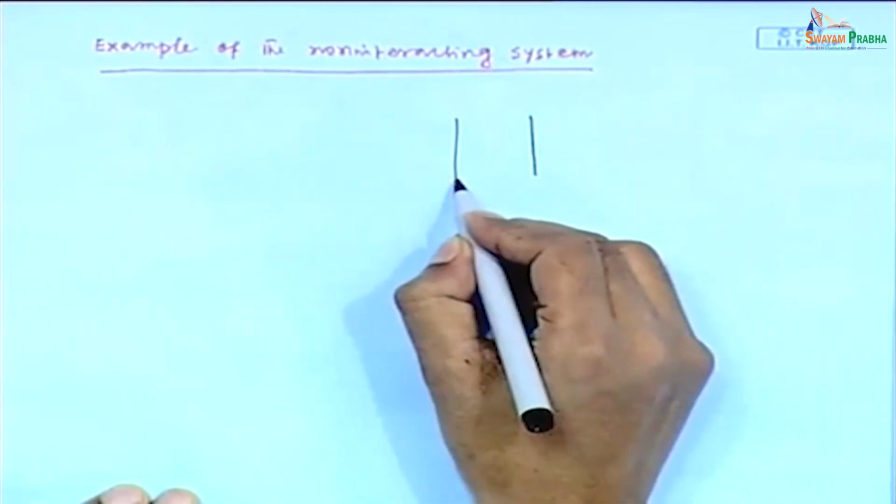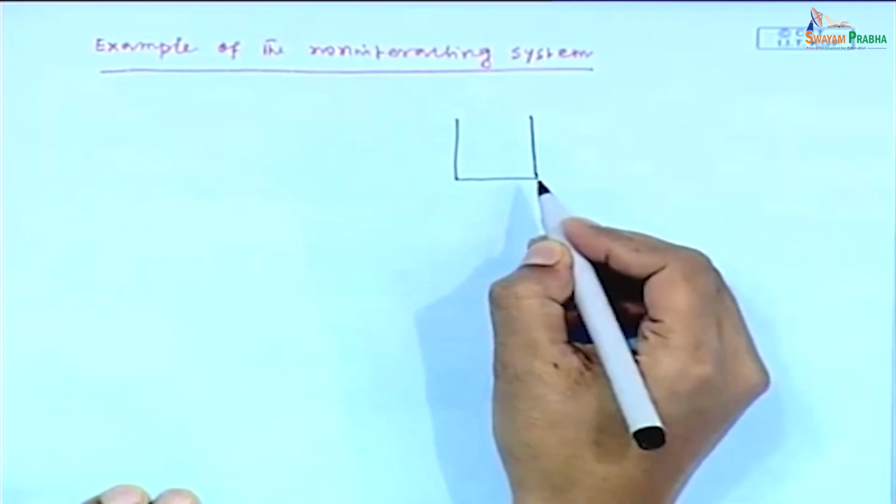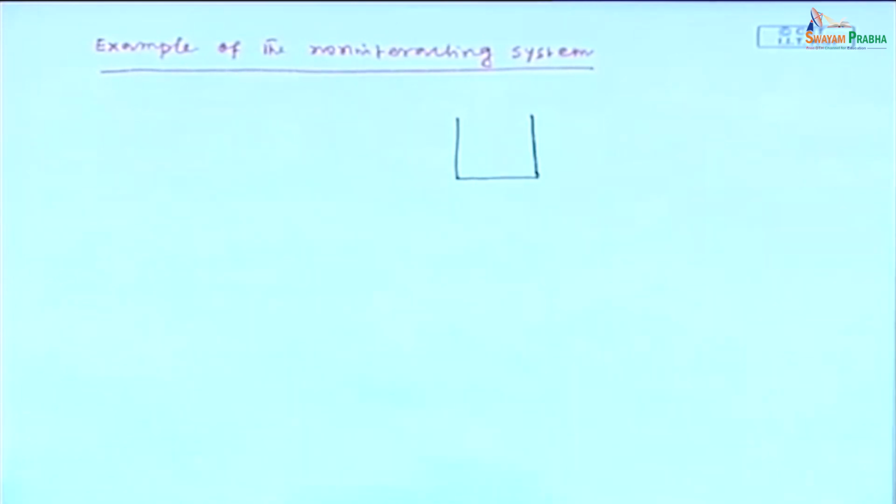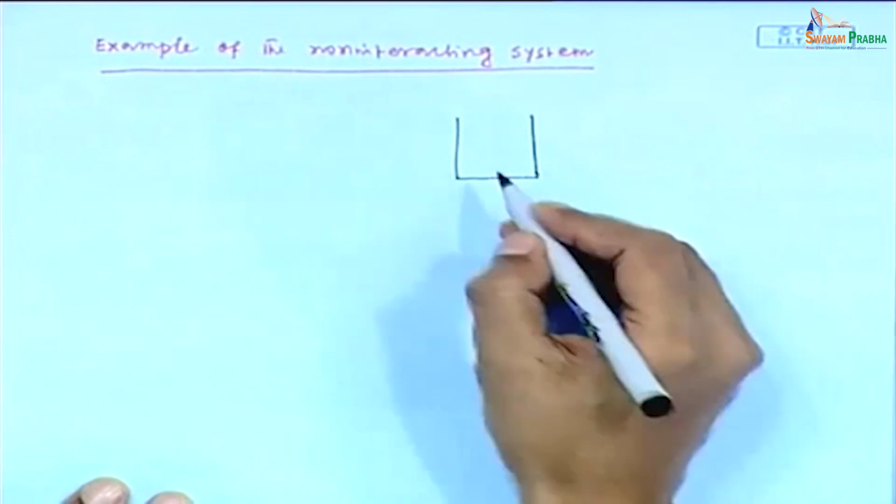It was told that if two first order systems or two first order tanks are connected in series, the overall response is second order response. So, today we will take that example. Two first order tank systems connected in series.